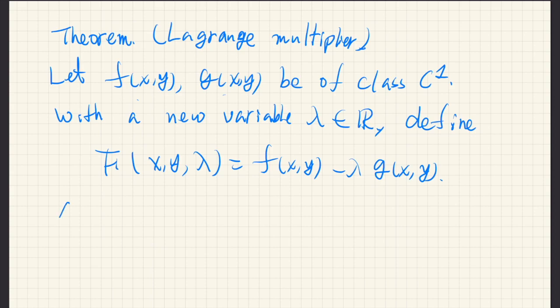Now, at the point (a, b), suppose the following conditions hold.